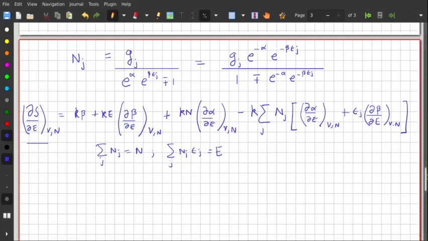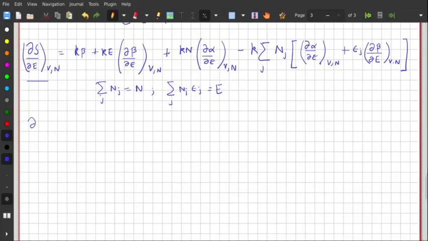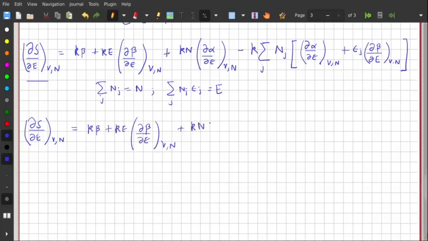So partial S partial E at V, N becomes k times beta plus k E partial beta partial E at V, N plus k N partial alpha partial E at V, N minus, and now this is N basically, so this becomes minus k N partial alpha partial E at V, N. That's the first term, sum over j.